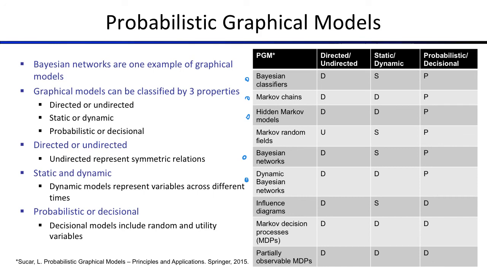One that's hidden to us, you're going to ask questions about those nodes, and the one that we can observe. We have the Markov random fields. There are undirected graphs, also static, very common in image processing. And here we have three different decisional probabilistic graph models. They are the influence diagrams, the Markov decision process, and the partially observed Markov decision process.